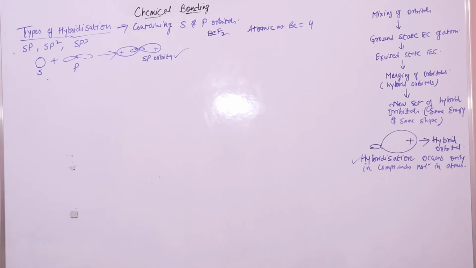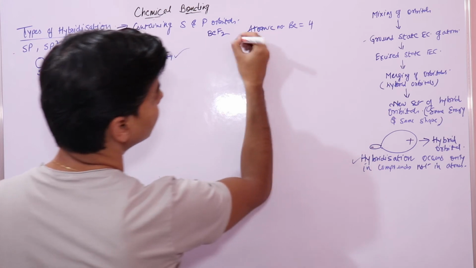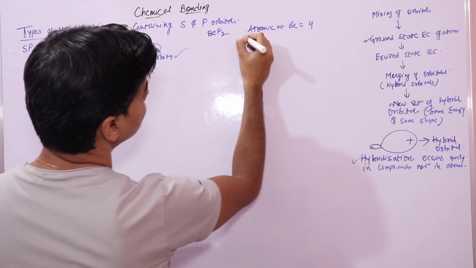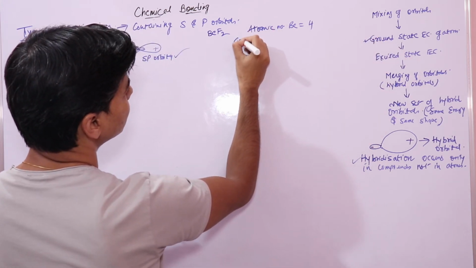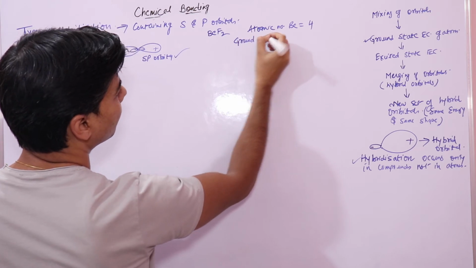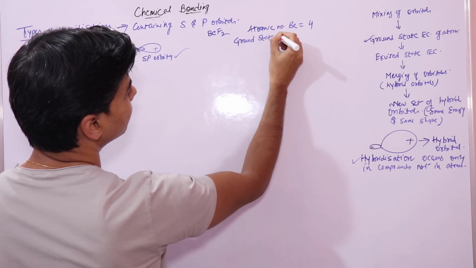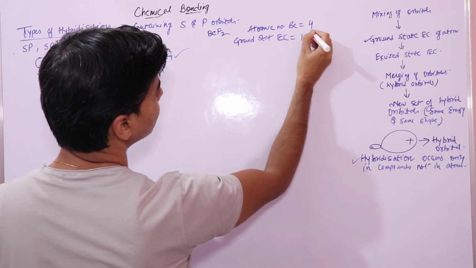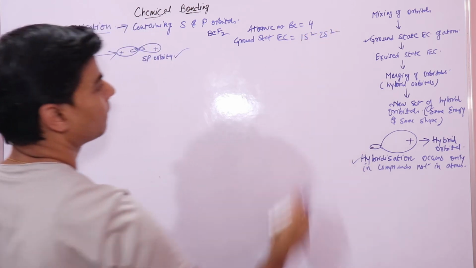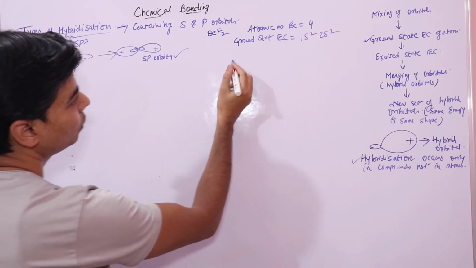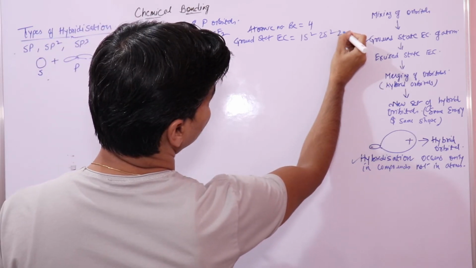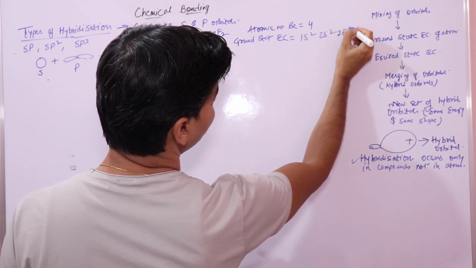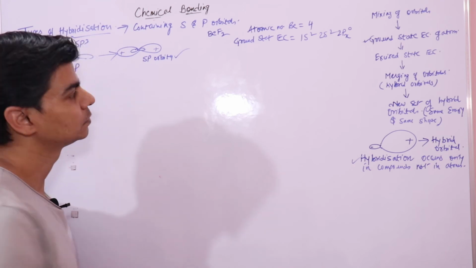This is the atomic number of beryllium. So we will be writing the ground state electronic configuration first, right. So the ground state electronic configuration would be 1s2 and 2s2, right. Now if you look here, we have 2px empty orbital, right.